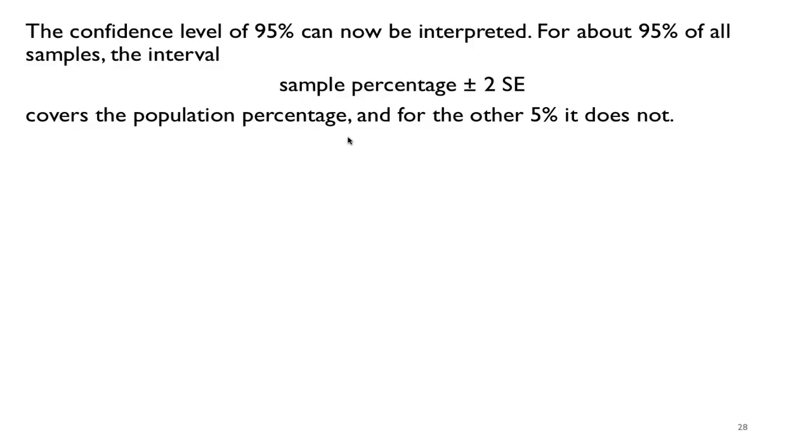That's how you interpret it: if I were to repeat this survey a certain number of times, then 95% of the time my survey interval does capture the population percentage.